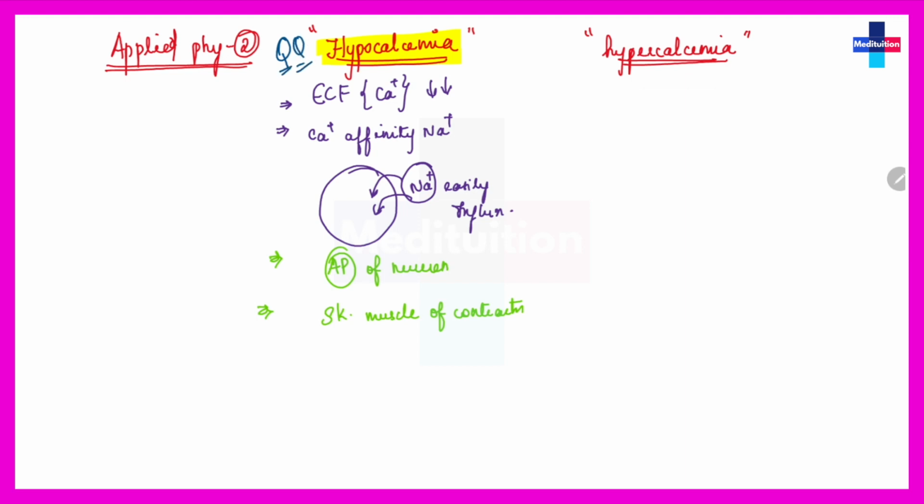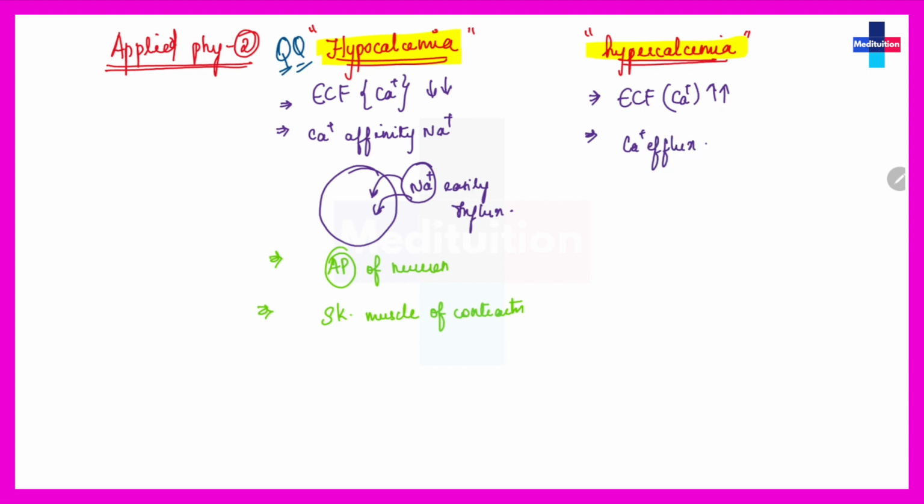Now, to the same, if we are going to concentrate on hypercalcemia, what is going to happen? In hypercalcemia, we know that in the ECF there is more calcium, right? Once there is more calcium in your ECF, calcium efflux will be there, right?